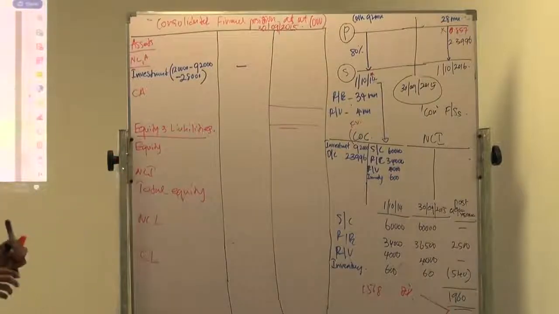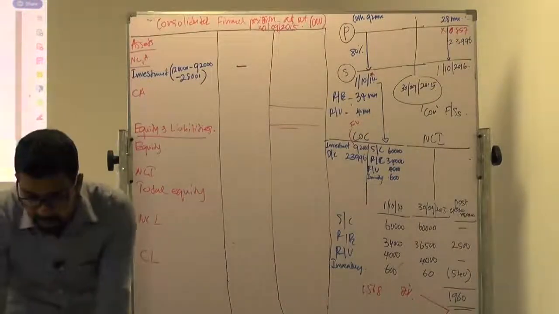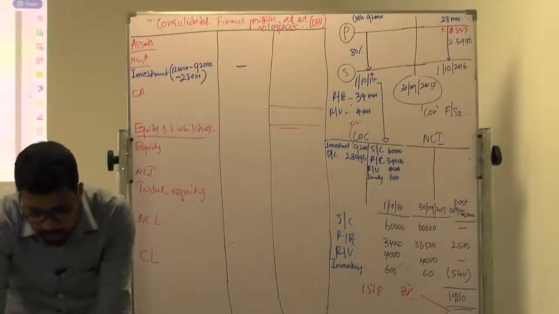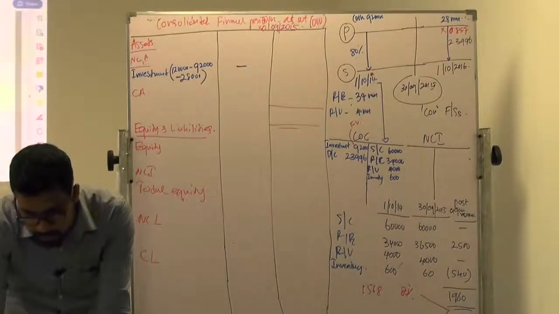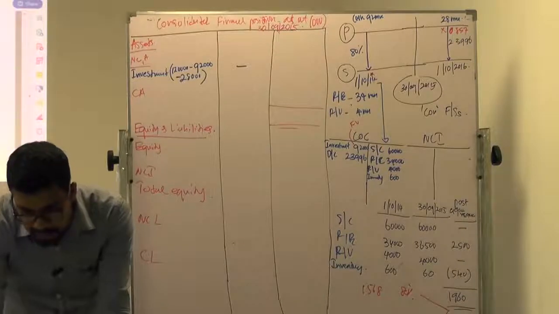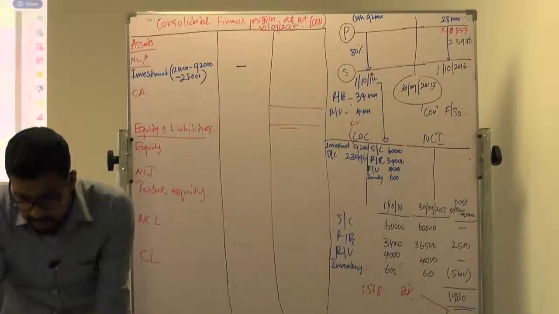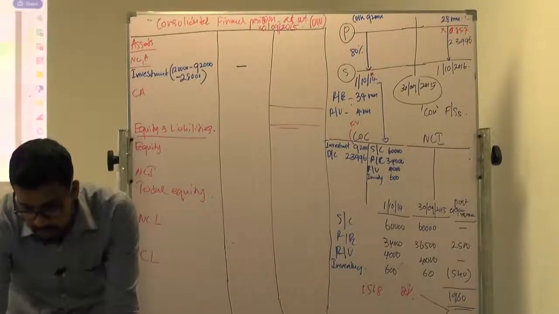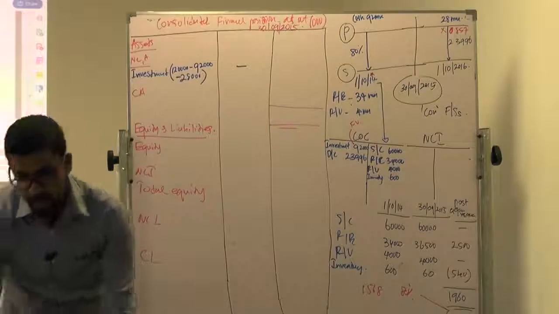Share of profit calculation also you have done. Now we have completed adjustments number 1 and 2, and we are now doing number 3. P sold goods to S, gross profit margin 25%. As of 30th September 2015, S still held 1 million of goods.